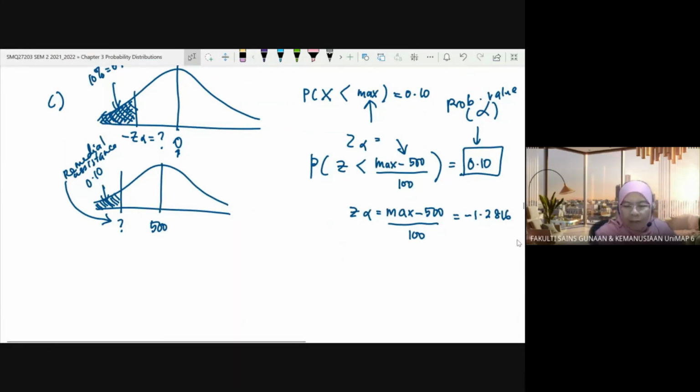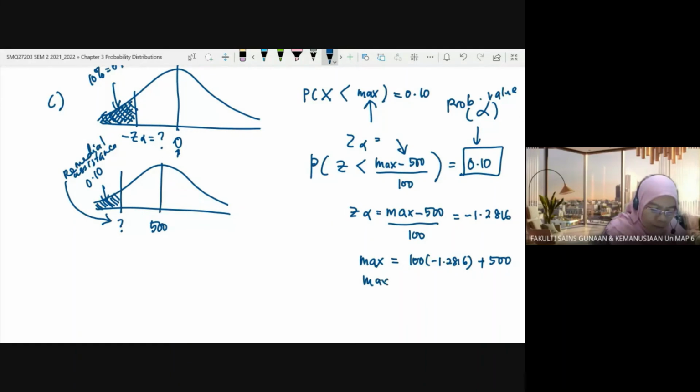Is everyone okay? If okay, then we solve for the maximum value, because we need to find the maximum marks that require a student for remedial assistance. So max becomes 100 multiplied by negative 1.2816. Negative 500 brought to the right-hand side becomes plus 500.